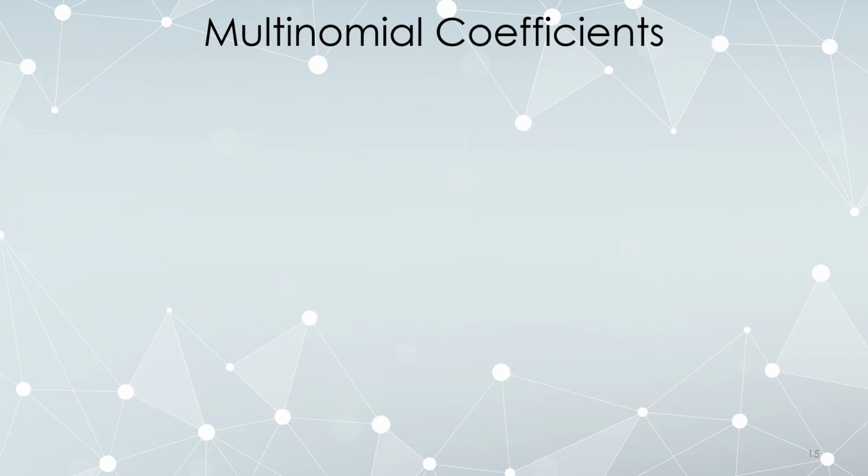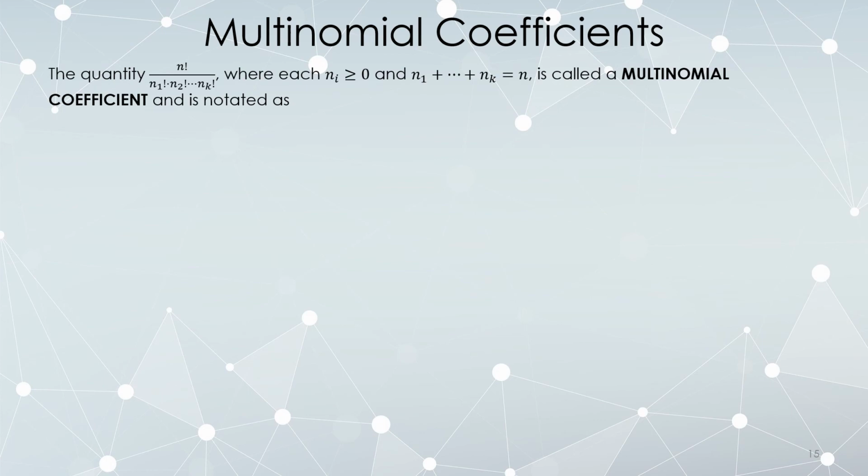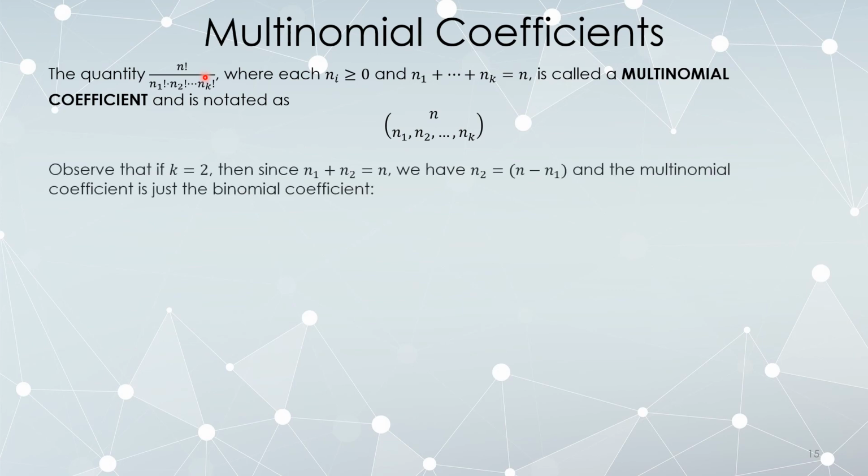Continuing to talk about multinomial coefficients, the multinomial coefficients can be denoted like this. As long as all of the n_i's are greater than or equal to 0 and their sum is equal to n, then this right here, which looks a lot like a binomial coefficient but is subtly different, is equal to this expression, this division of all of these factorials.